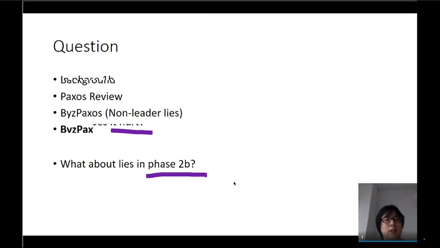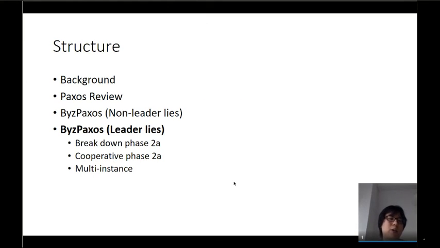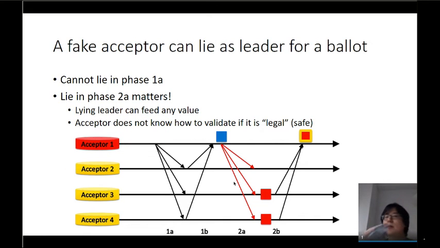Okay, so we have finished the previous part with limited lying, but now let's complete the protocol. We allow liars to lie in all phases, including phase 2A and phase 1A. So let's see how this can work. If we assume an acceptor can lie as a leader for a ballot, it can lie in phase 1A and phase 2A.